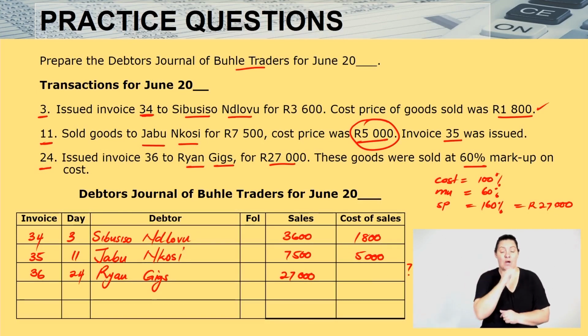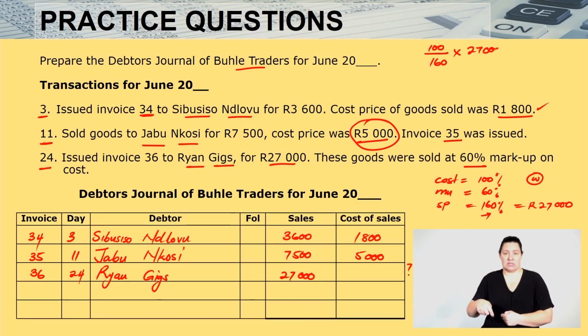I then use the UK method, which says, what is it that I want? This is what I want. I want the 100%. So I want 100. What do I have? I have 160. And what do I have? I have 27,000 in rands.